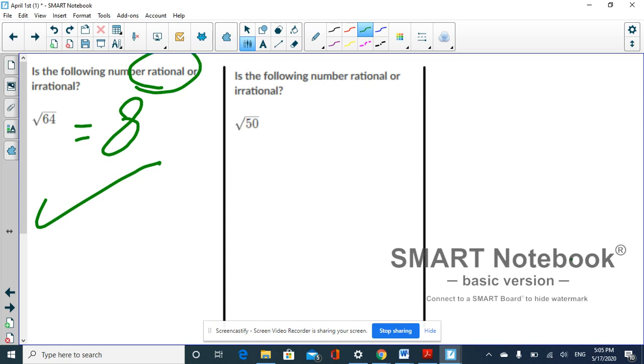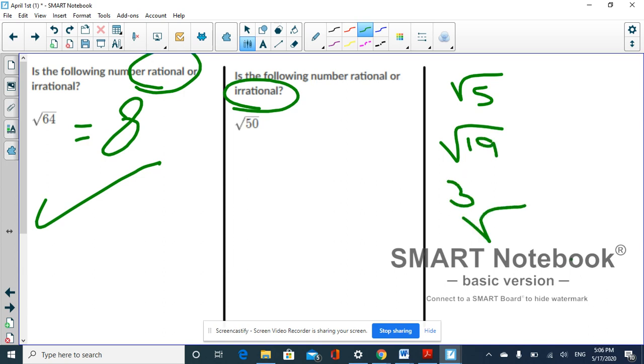So this is irrational. Okay, so an irrational number is the square root of a number that is not a perfect square. Again, like root 5, root 19, cubic root of 9, cubic root of 12. All these are irrational, and pi.